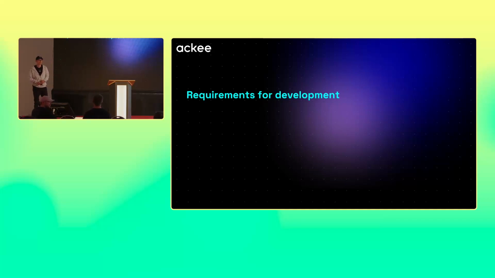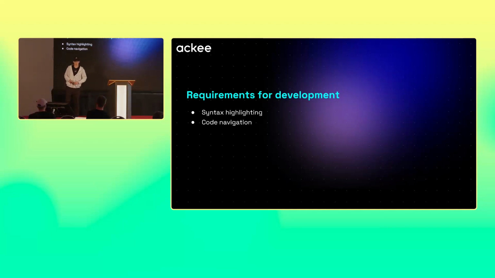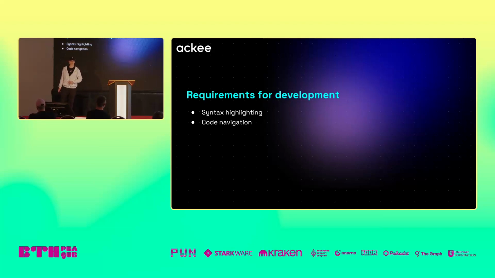So if you're a developer, what do you need from the extension? Syntax highlighting, of course, to highlight, for example, functions, state variables, etc. Some code navigation to better navigate across the code, like go to definition, go to type definition, find all references, or go to implementation. Code completion, because we are lazy and we don't want to write every character in the code.